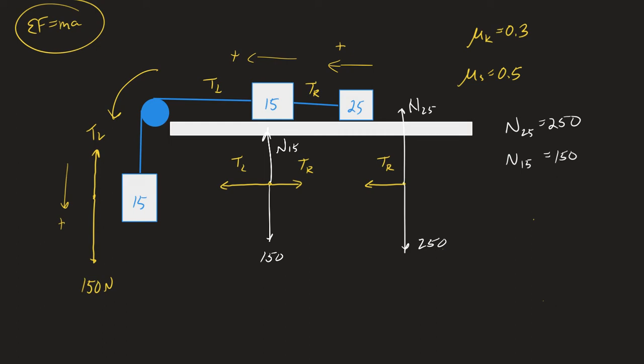Now, here's the thing. Each of these boxes now has a static frictional force that is also acting in the system. That's two forces that pull to the right. Now, static friction means it's an inequality.